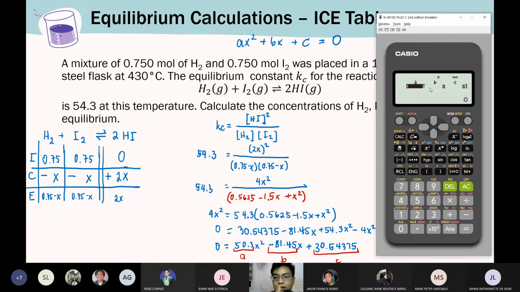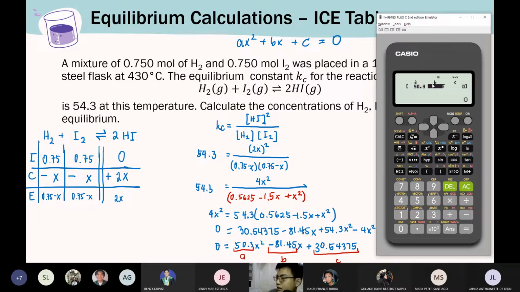Okay. So, now I have A, B, C. Ang gagawin ko na lang is to plug in 50.3, negative 81.45, and 30.54375. That's easy lang. You just type 50.3, press equal sign. Ayun, na-lock na doon yung value niya. Oopsie, hala, mali. Okay, so 50.3.